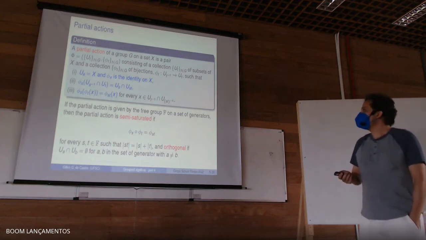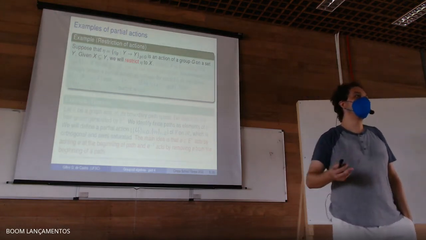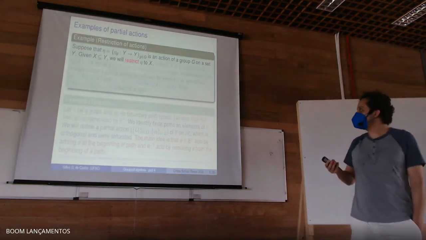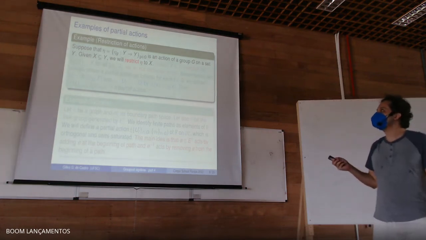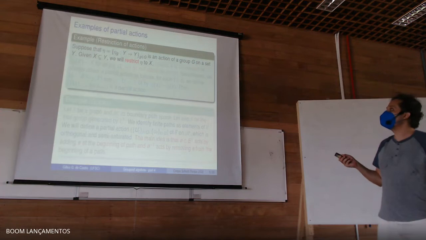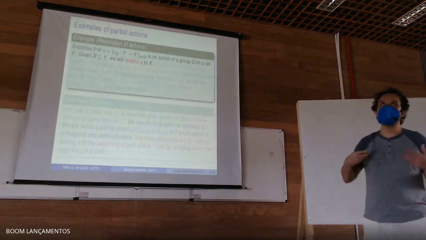Okay, whenever we start with a partial action, one of the canonical examples is to restrict an action of the group to a subset. So let's say you have an action on a set Y, and you have a subset X of the set Y, and you want to restrict the action.